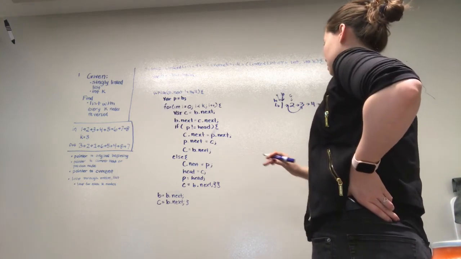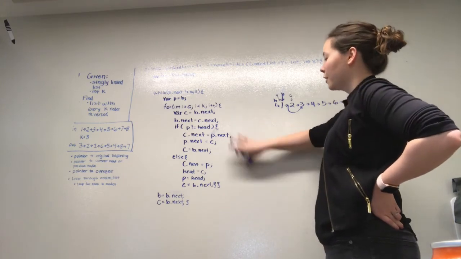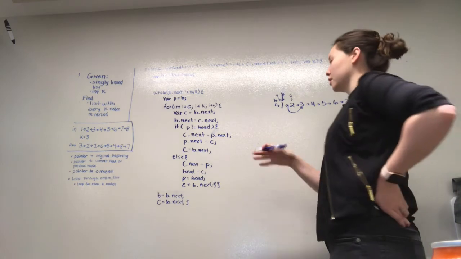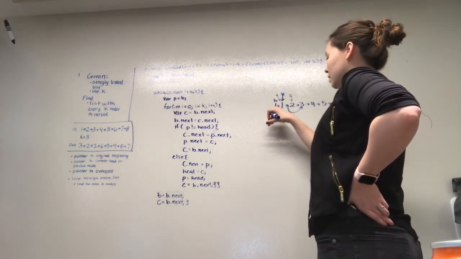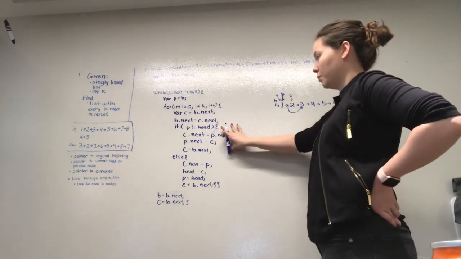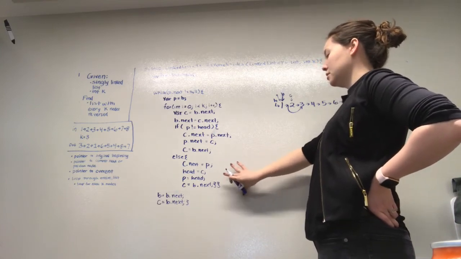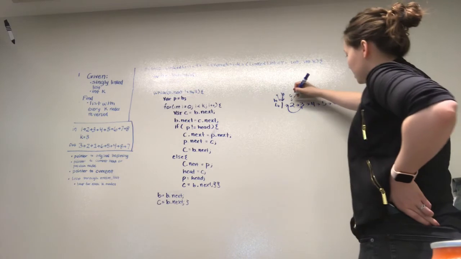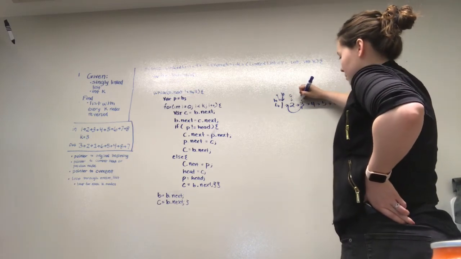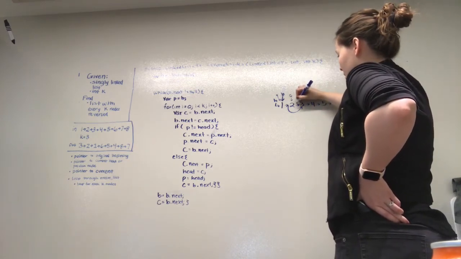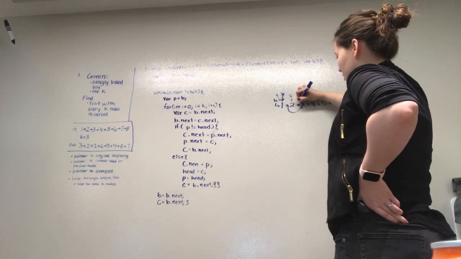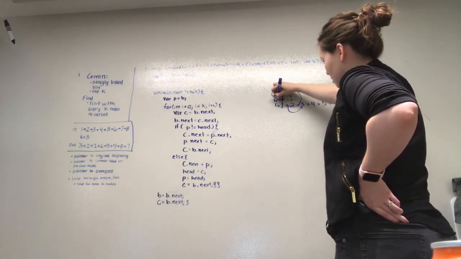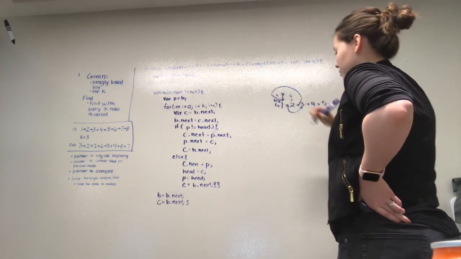Then we're going to check whether or not p is equal to the head, so whether or not we're at the beginning. Since we are at the beginning, we're going to skip the if it's not equal to head, because it is. Else, c dot next, this arrow, is going to go to p.